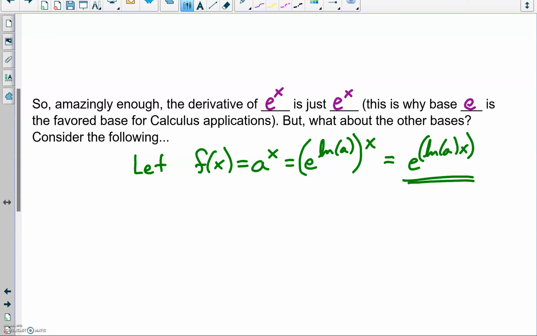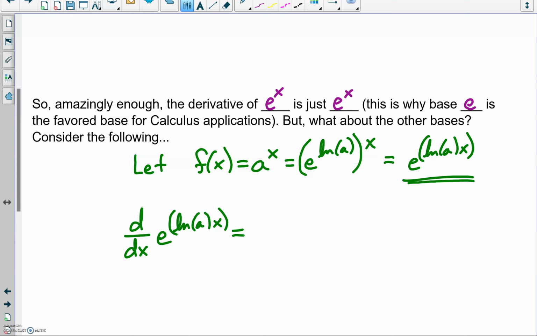So I'm going to take the derivative of that. So d/dx of e to the natural log of a times x power would be equal to, and this is where the chain rule comes in, because notice I've got e raised to some power that is more than just x. So this inner function here is really like natural log of a times x.